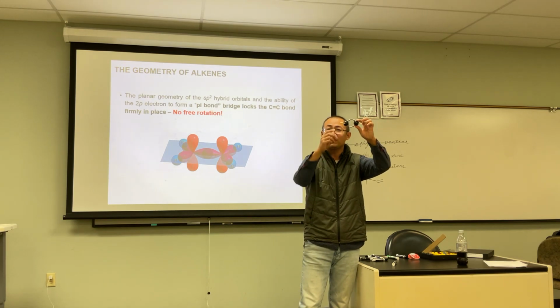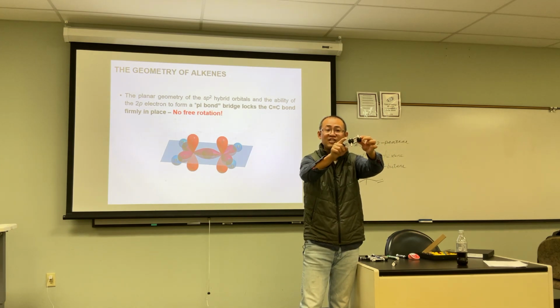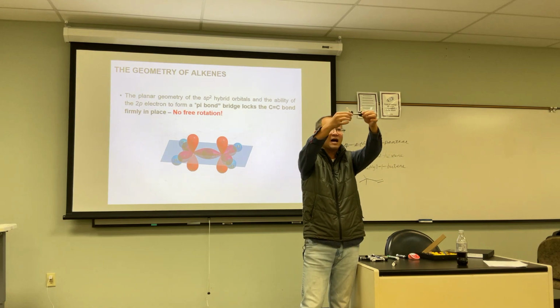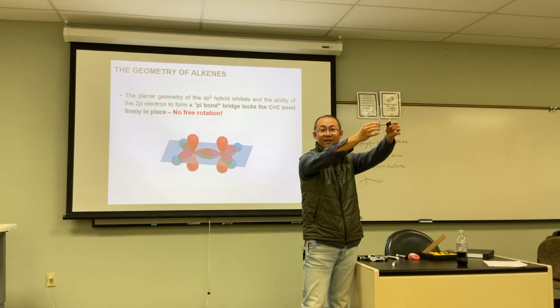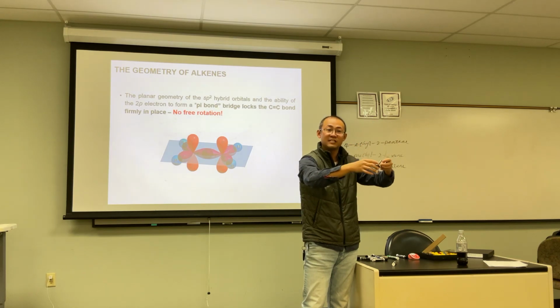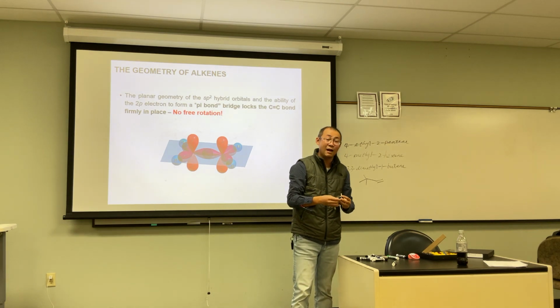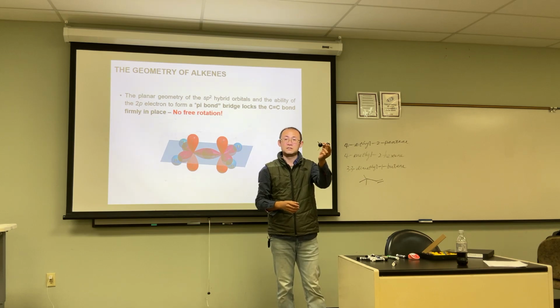Same idea here. If you have a double bond, you can imagine that rotation along this double bond axis is limited. Impossible. Is that right, guys? Take a look. What happens if I rotate? The double bond is going to break. So that's one very important fact about an alkene. Double bond rotation is frozen.